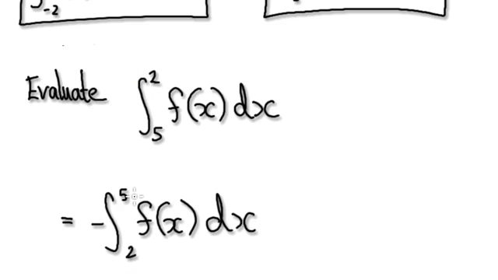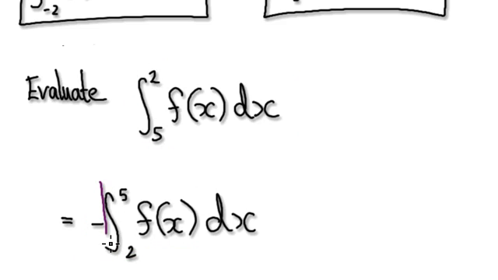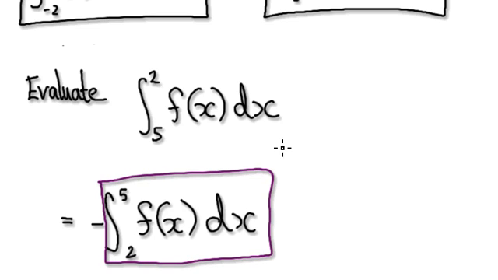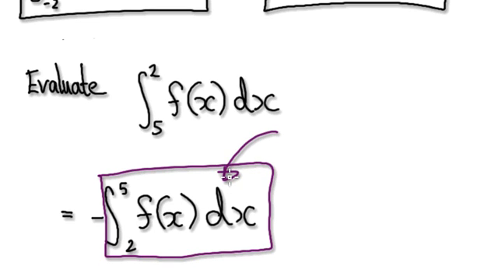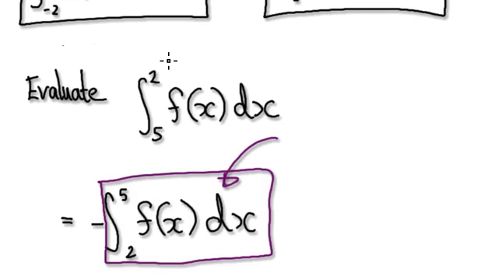Notice that we switched the 5 and the 2 around, but whenever you switch these two around, you need to stick a negative in there. So this thing here is exactly the same as this thing here. But the good thing is that we now know this block here. This block here was given to us as 3.